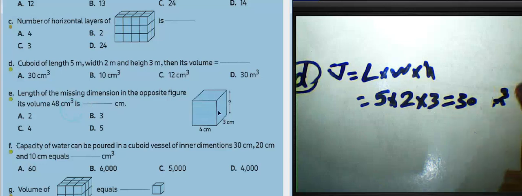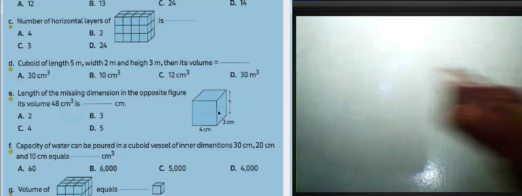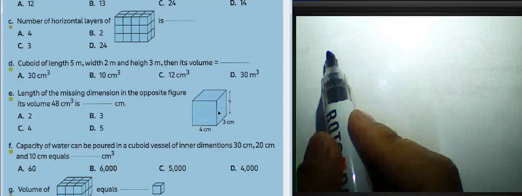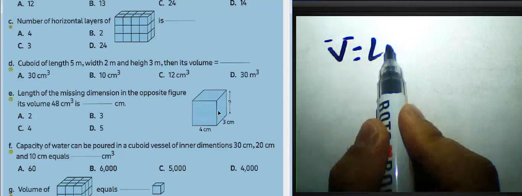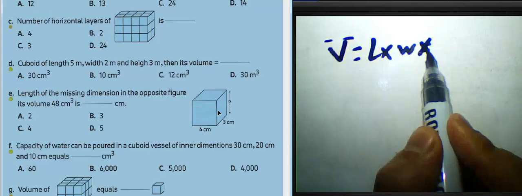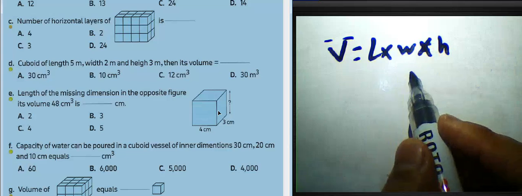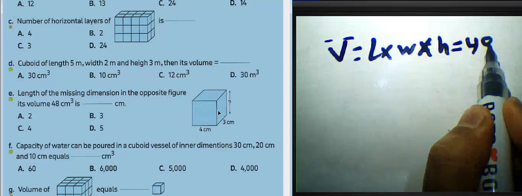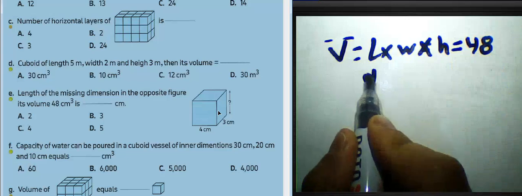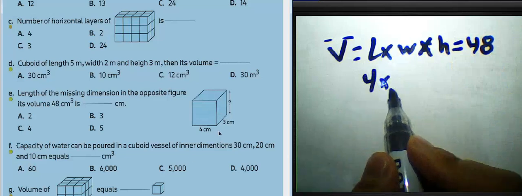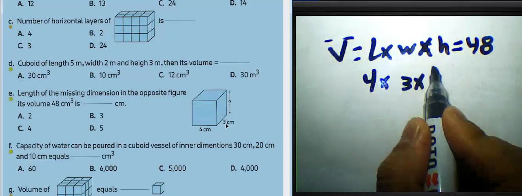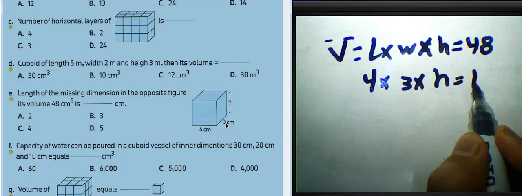We know the volume of a cuboid is length multiplied by width multiplied by height. He gave us the volume equal to 48, the length was 4 centimeters and the width was 3 centimeters, and he asked about the height.